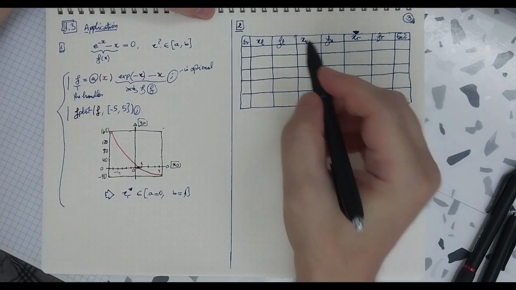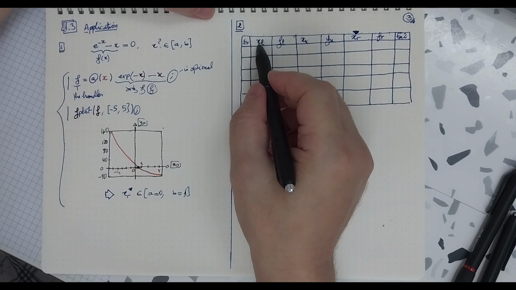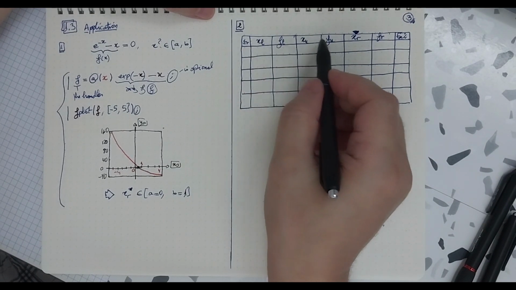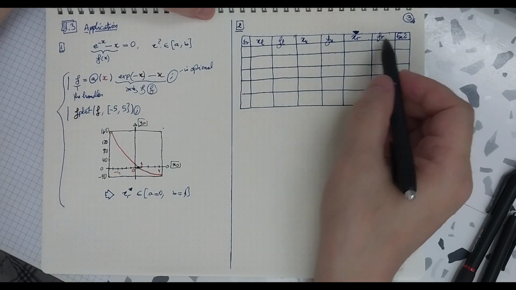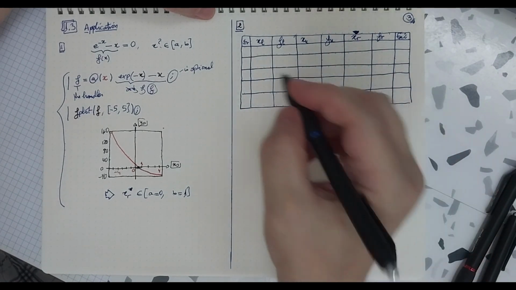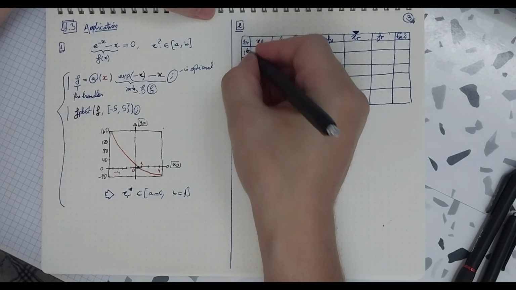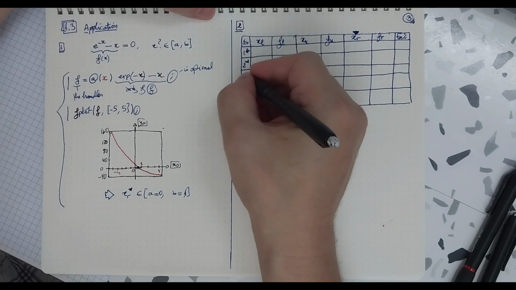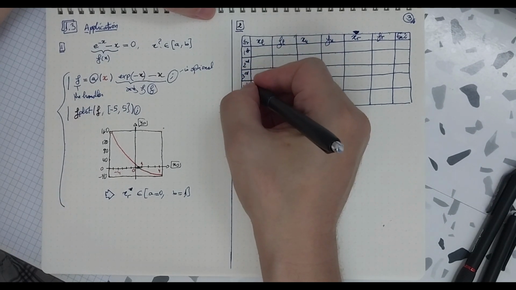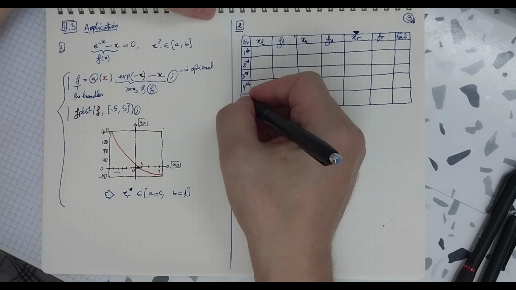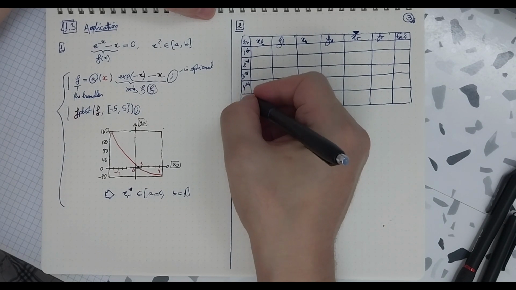And as you can see, you have the position and its image, the position and its image, the position and its image. So they go by pair. This is the first iteration, the second, the third, the fourth, and the fifth.